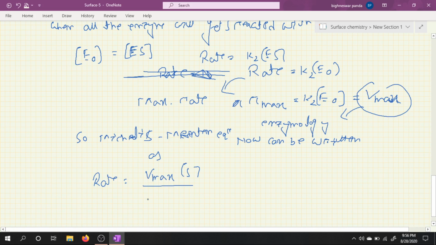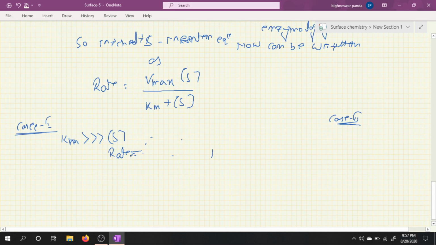So I have rate is equal to Vmax by Km into S. This Vmax by Km I can write as another constant, k dash.